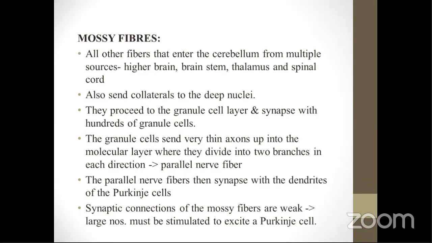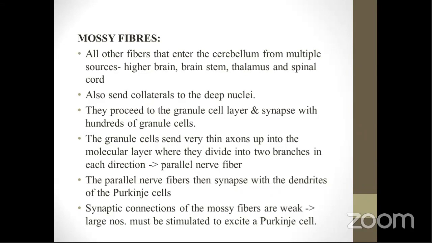They also send collaterals to the deep nuclei of the cerebellum, and they proceed to the granular cell layer and synapse with hundreds of granule cells. Now, this is the difference. A climbing fiber synapses only with the Purkinje cell, a one-to-one connection, whereas the mossy fiber synapses with hundreds of granule cells. So first, you have to remember this.